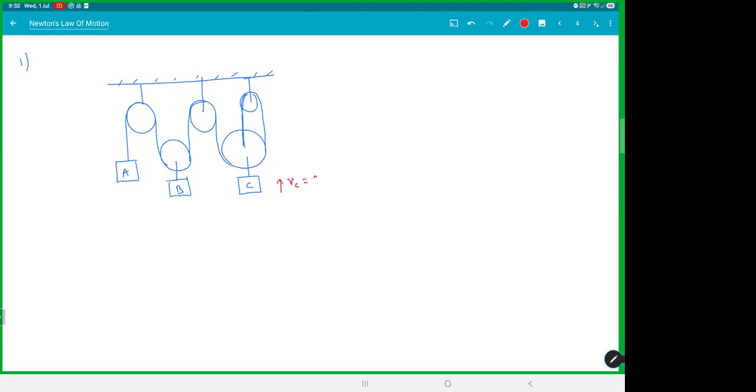Let's say C is going up with 2 meters per second. A is coming down with 3 meters per second. Find VB.